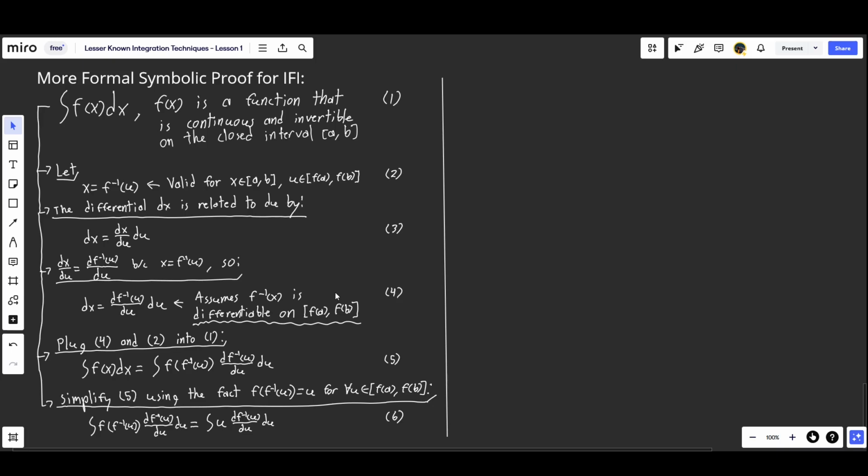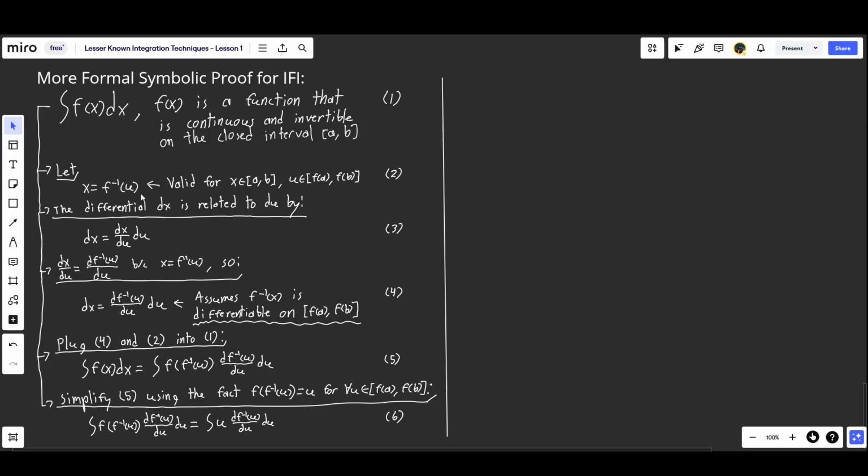It turns out from more complex proofs that other people have done that this assumption is not necessary. The inverse of f of x does not have to be differentiable. But for this particular proof that I'm doing, we do have to make this assumption to get to the end. However, at the end, we're going to drop this assumption because other people have proven it is not necessary.